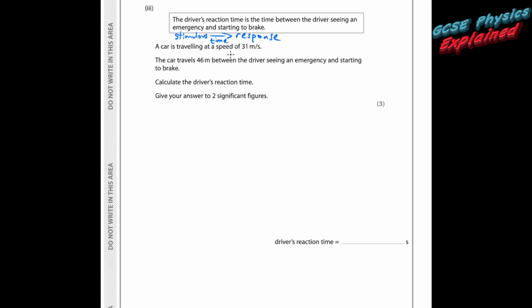The car is travelling at a speed of 31 metres per second, so that is our speed. The car travels 46 metres, so that's our distance. Between the driver seeing an emergency and starting to brake, calculate the driver's reaction time, so that's our target. Give your answer to two significant figures.